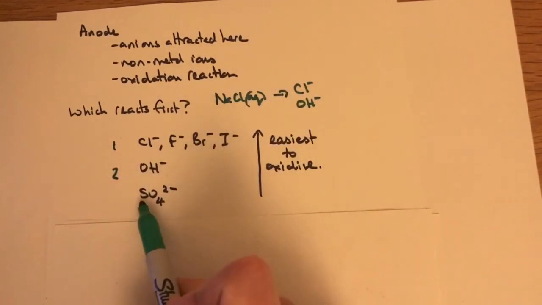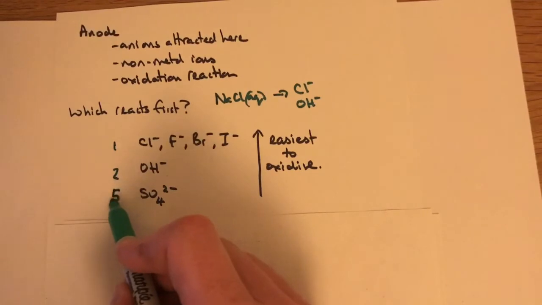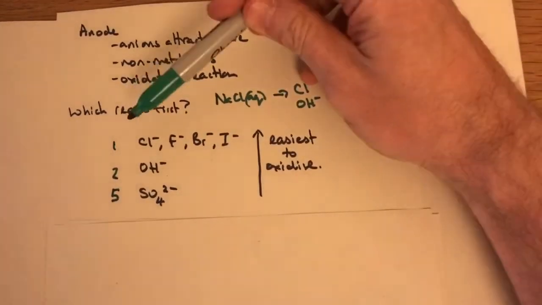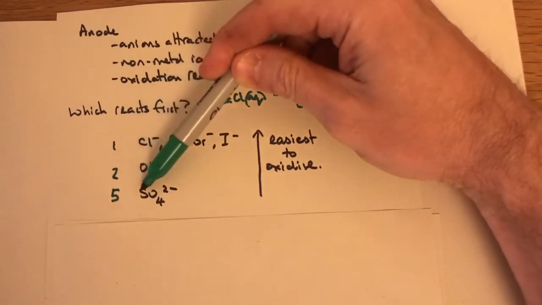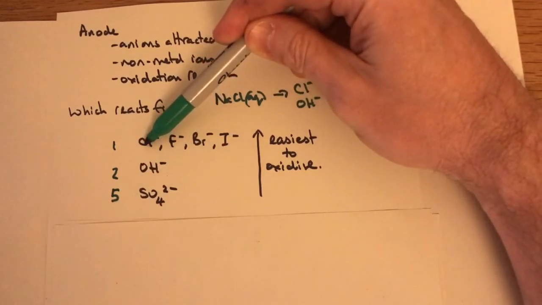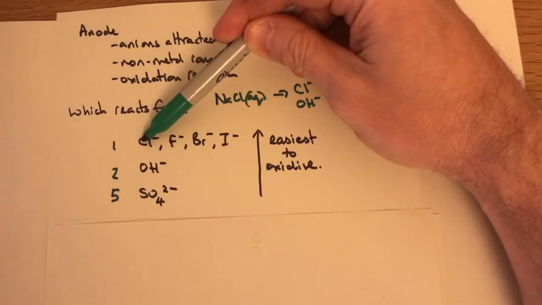And this one here is sulfur, S, and oxygen, but with oxygen there's 4 parts, so in total there are 5. If we just count the number of parts that each ion is made up from, we can see that as you work your way up this list, the ions become simpler.